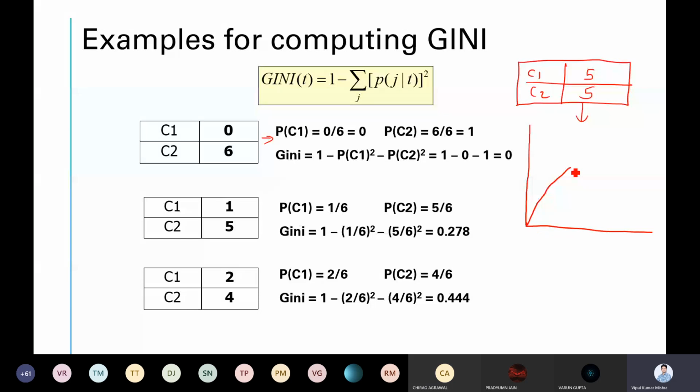So the Gini impurity graph looks like this, where the maximum value is 0.5, and 0 at both ends. This side is positive, this side is negative. If all negative, then it is 0. If all positive, then also 0. And when it is completely balanced, like this case, you get 0.5. So your Gini impurity is always between 0 and 0.5, right?